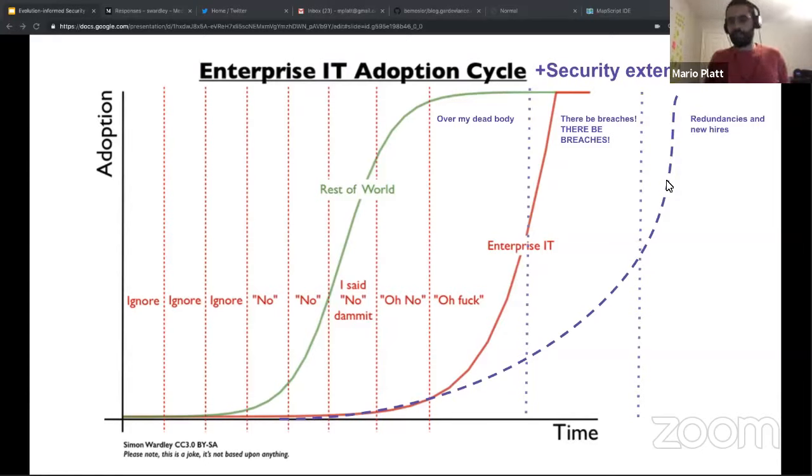And then experience tells me that we go through the phase where people make themselves unreachable, and there's usually a round of redundancies and new hires, and new blood needs to come in to deal with the new practices. Which is typically one of two different approaches. Either it's someone that understood the concepts, understood how the business is moving, how IT transformation is now happening, and has a solution or a good approximation of how they're going to deal with the situation.